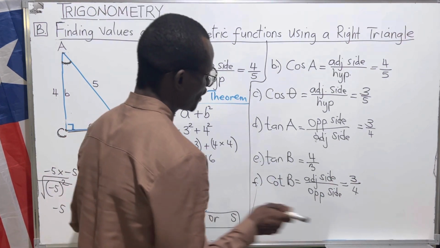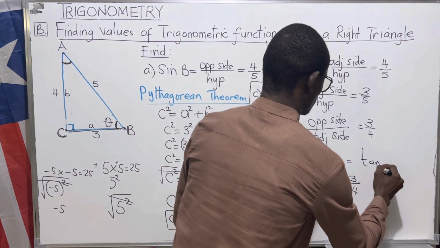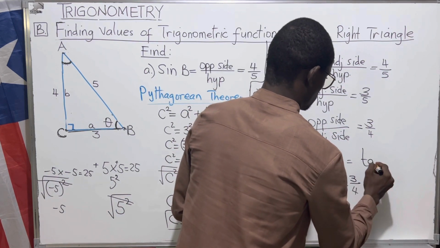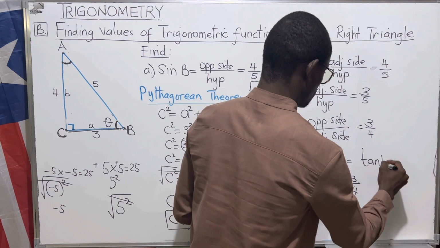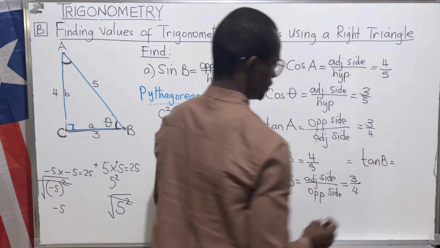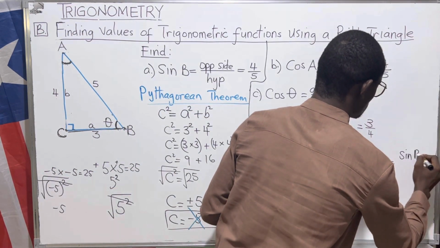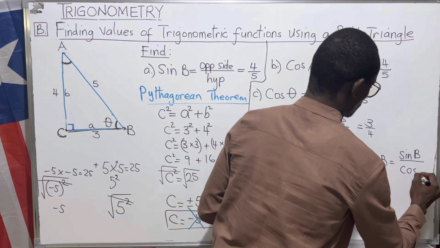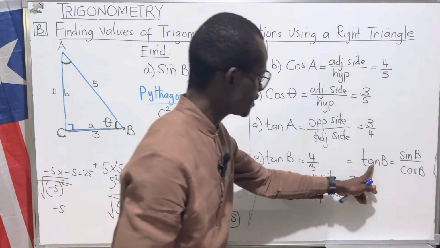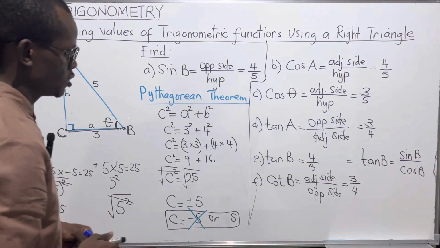So let's find what tangent of B is when tangent is defined as sine of B all over cos of B. Remember we told you in the previous lesson that tangent is equal to sine of B all over cos of B. So let's look at it.